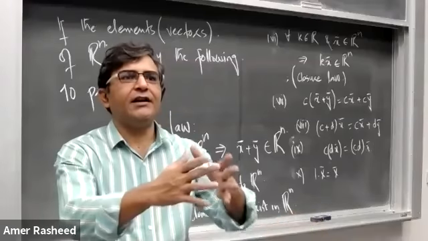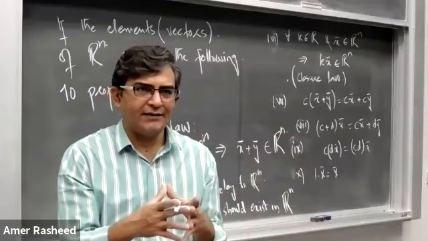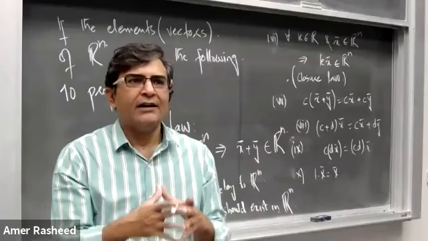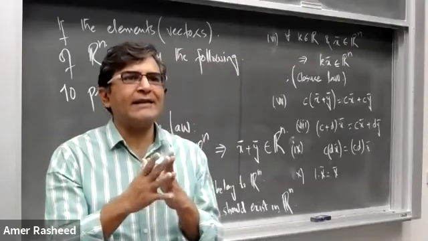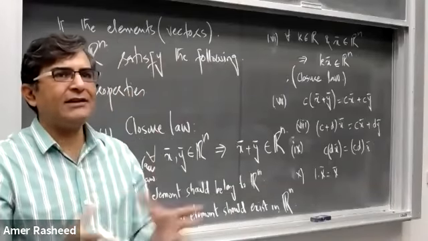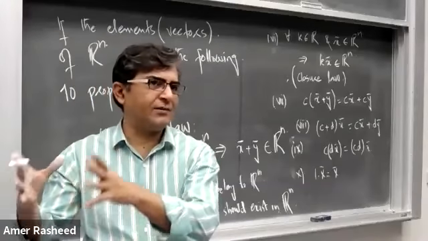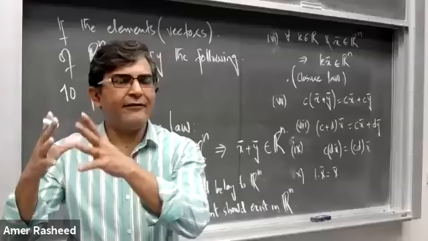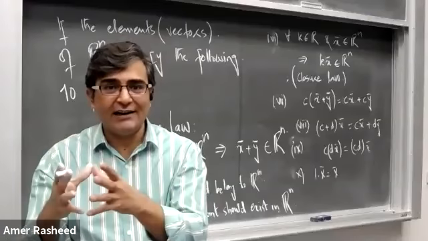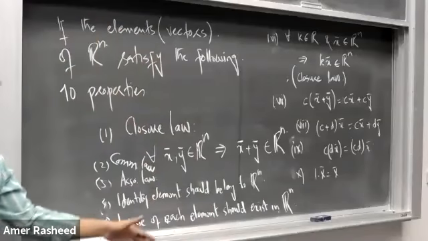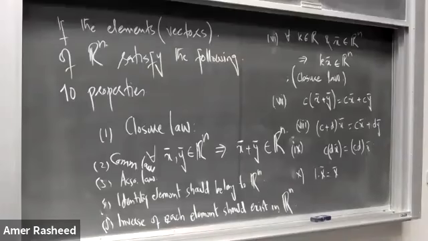Rn is a Euclidean space, n space. Then Rn or n space is called a vector space if elements of Rn together with addition and scalar multiplication, basic operations, satisfy all these 10 properties, then we call it vector space.